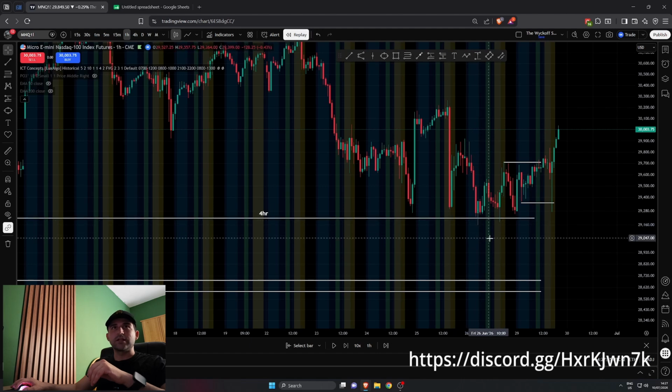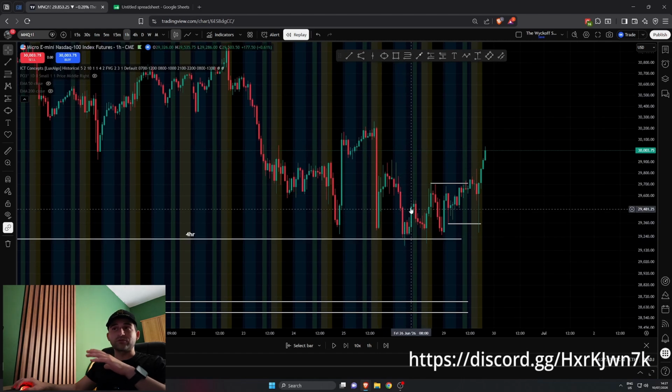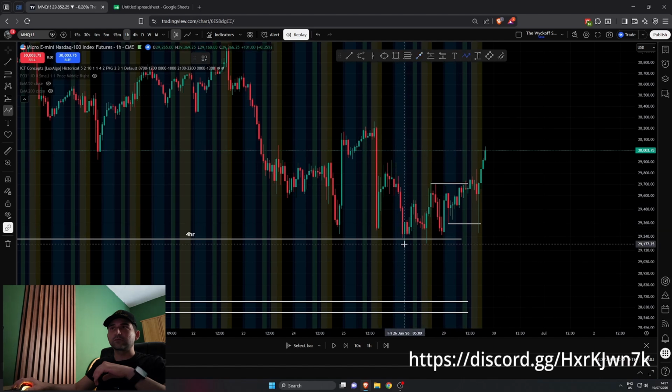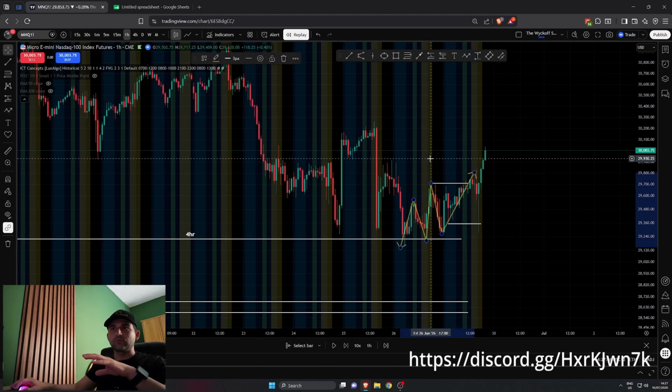liquidity point here. As you can see, price goes below this liquidity point and makes some inner break of structures here, 1, 2, 3, 4, 5. So price made inner break of structures.